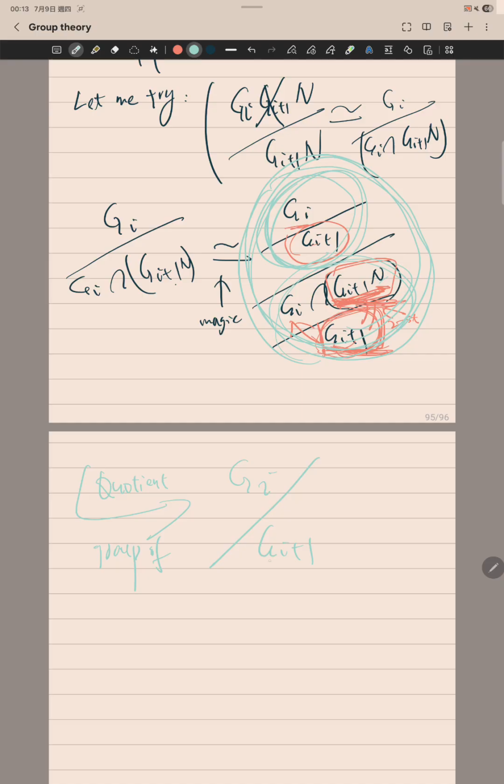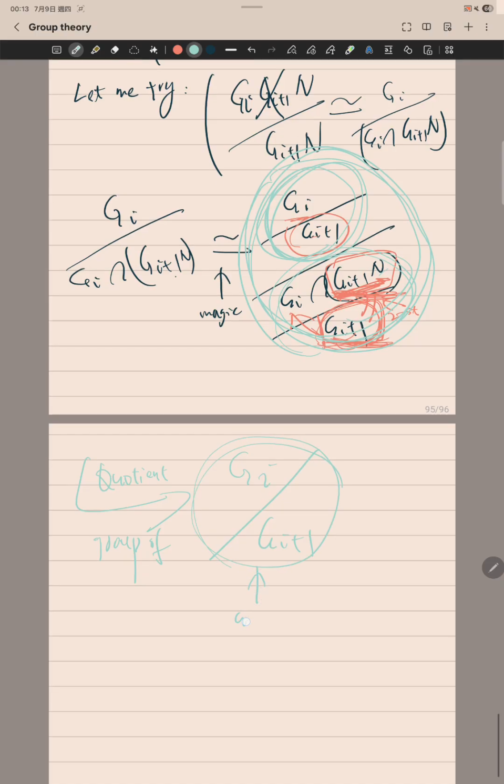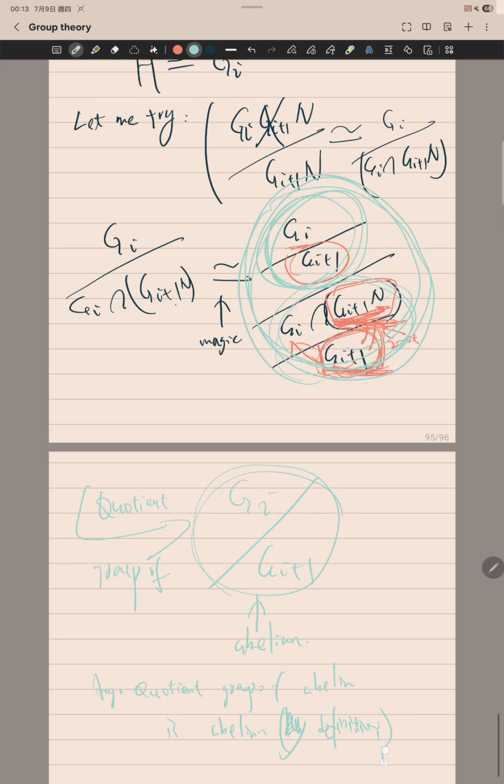And these guys are abelian. Any quotient group of an abelian group is abelian, by the quotient group definition. Okay, so let's finish the proof.